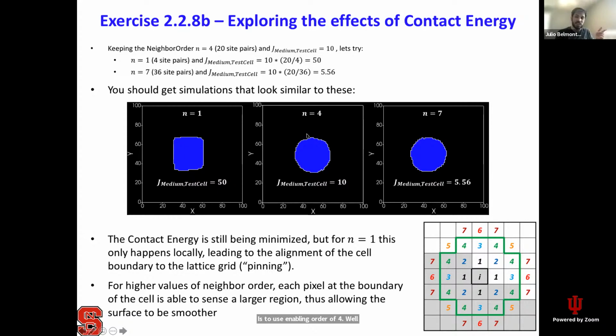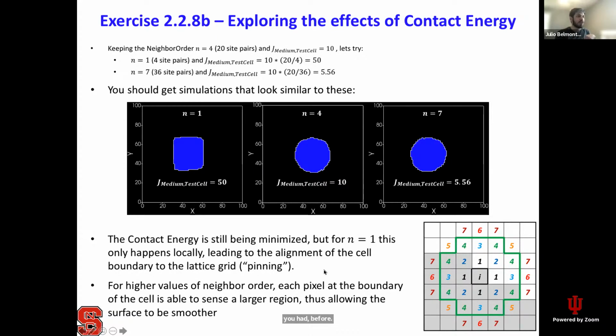But be aware that if you change your neighboring order, for whatever reason, you also have to change all the values of your contact energies. Otherwise, you risk making your contact energy much stronger or much weaker than what you had before.